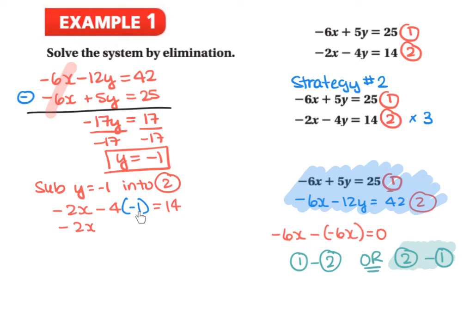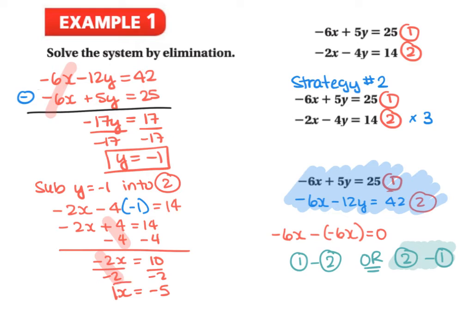Negative 4 times negative 1 is positive 4. So this is now going to be plus 4 is equal to 14. And now we can solve for x. So take away 4 from both sides. This is going to cancel. We're left with negative 2x is equal to 10. Divide both sides by negative 2, and we get that x is equal to negative 5.